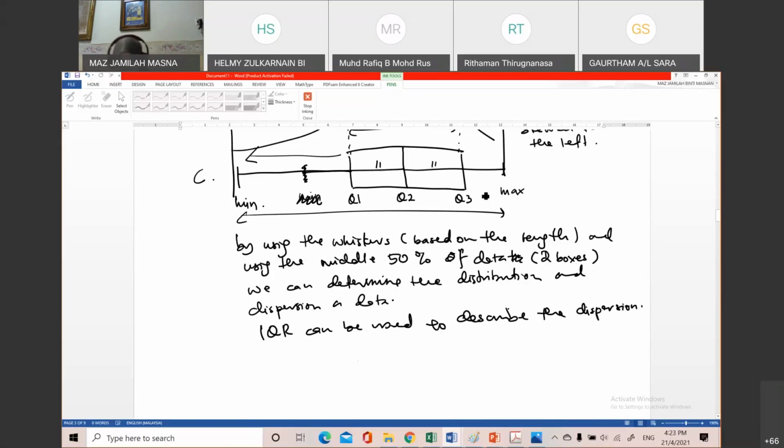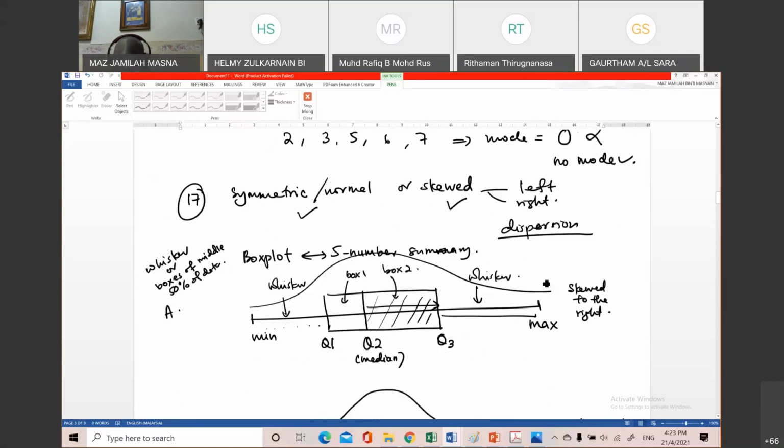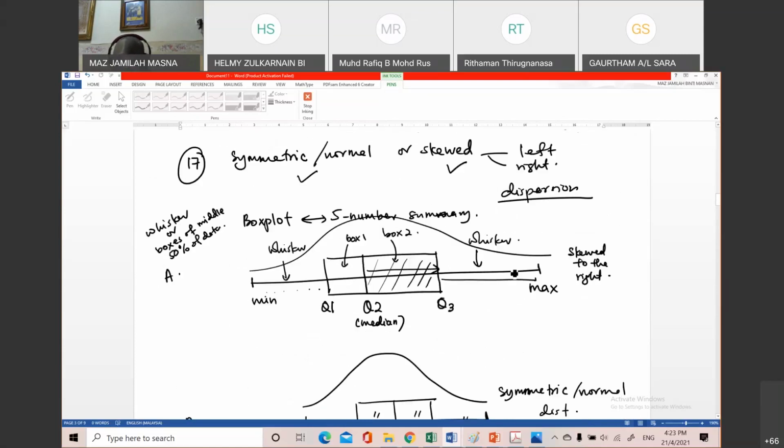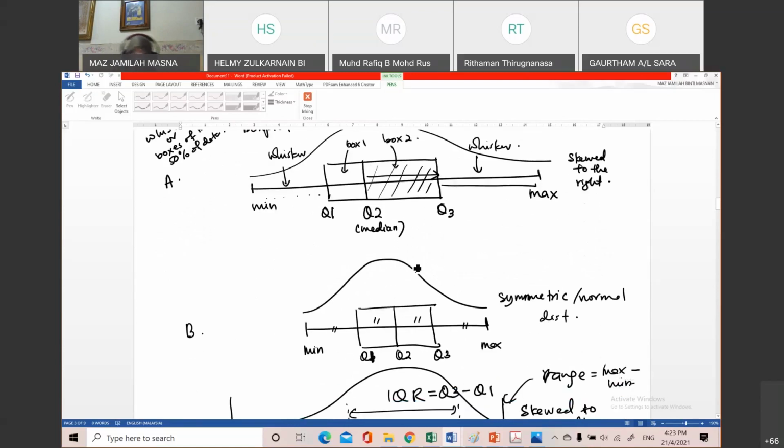Okay, understood class. So in a nutshell, we can say by looking at the whiskers, which whisker show longer whisker, it will guide you to the tail of the distribution. Okay, by looking at the box of your middle 50%, why I say middle 50% class? When we divide our data into box plot, meaning that we have 25% of our data lies between this and this.